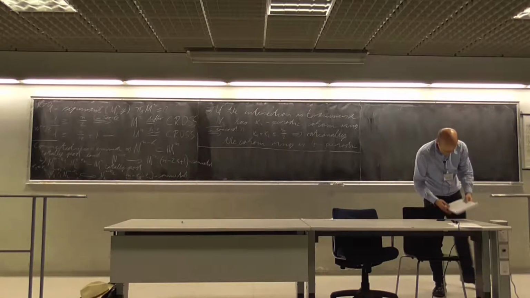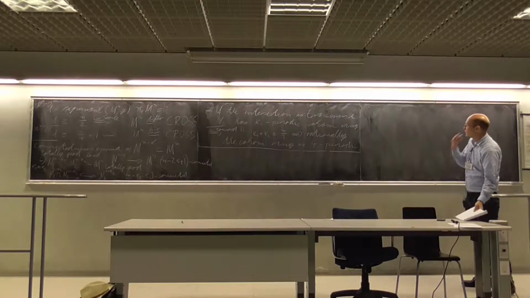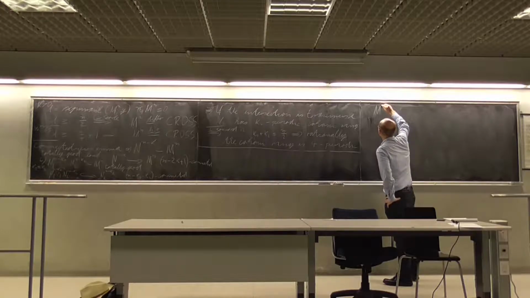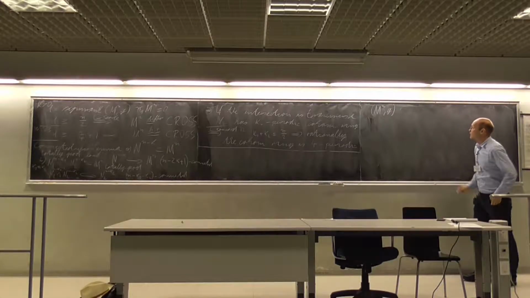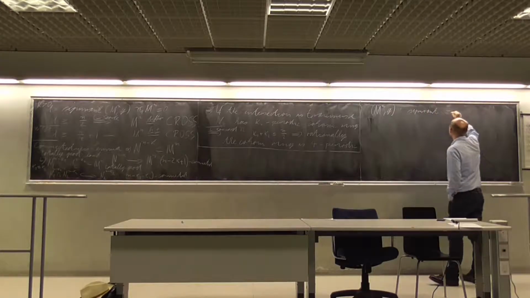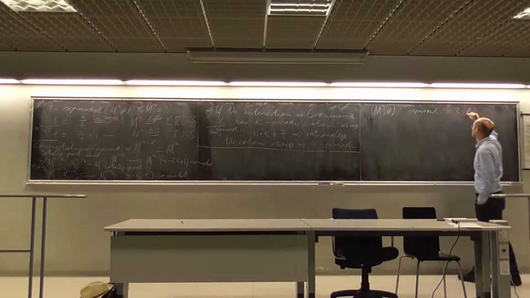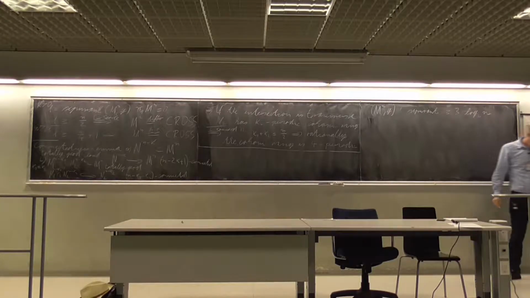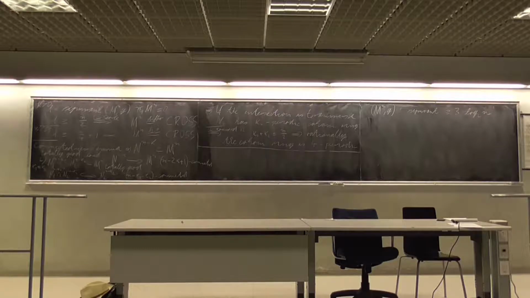Okay, so what's again the situation? We have an n-manifold and the symmetry rank of the manifold is larger than 3 times log to n. And okay, I will focus on the computation.